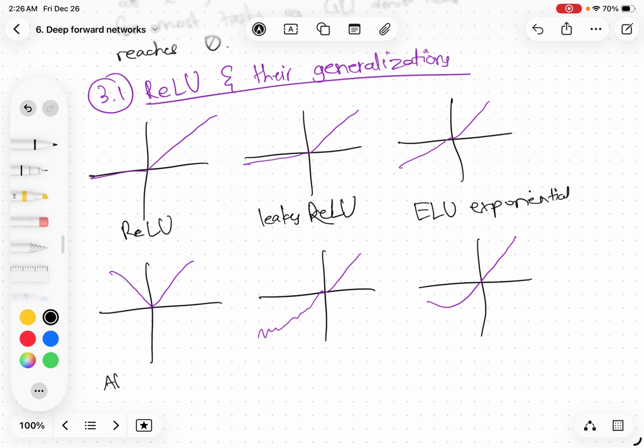This would be the absolute value, and this would be randomized leaky ReLU, and there is a swish and some more of them.